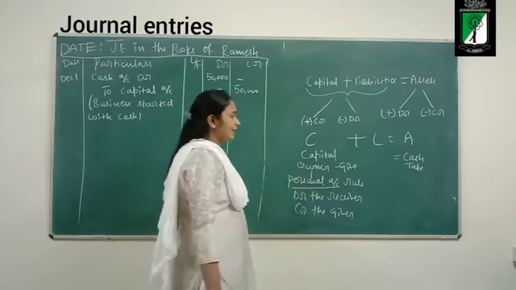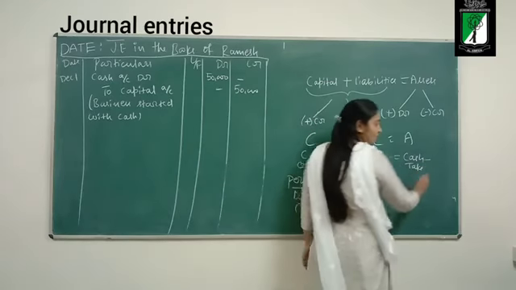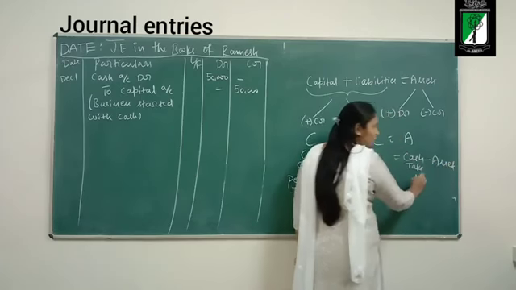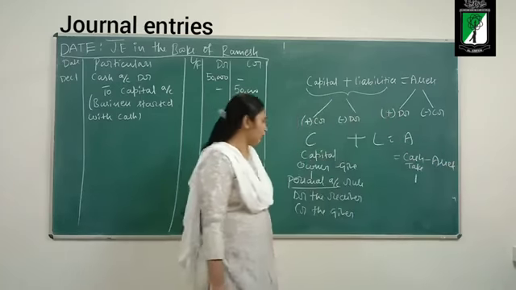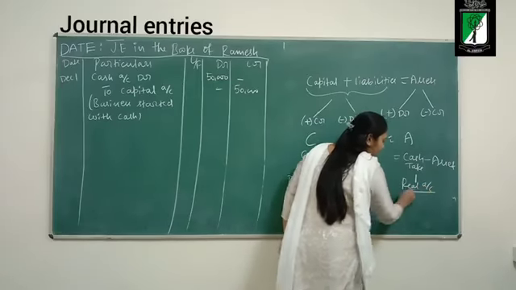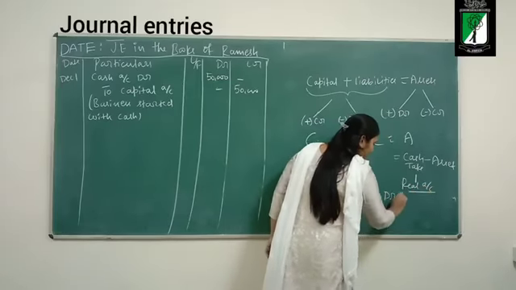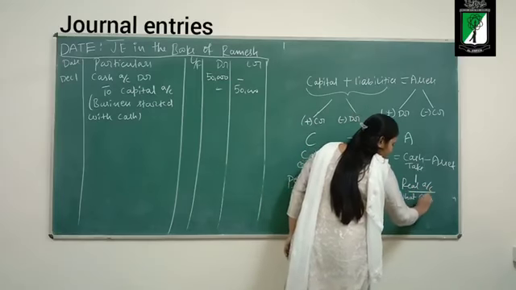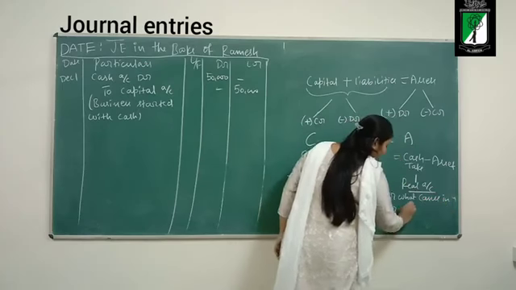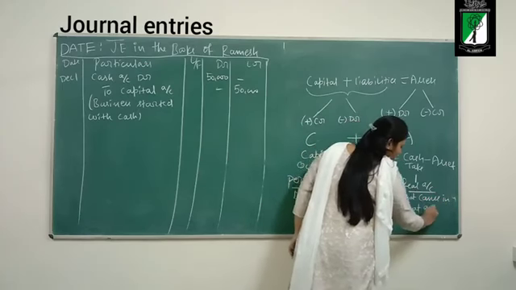And cash is an asset. For assets, which account rule will you follow? Real account rule. What does real account say? Debit what comes in. Credit what goes out.